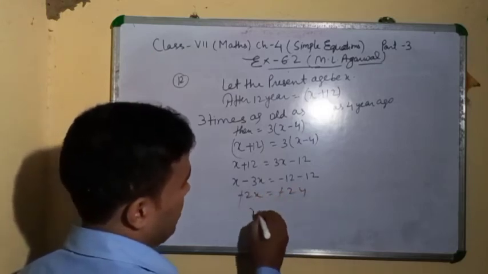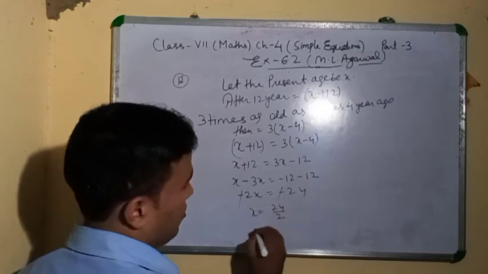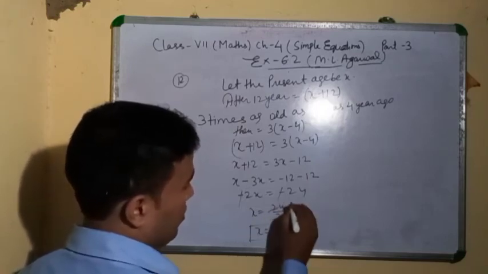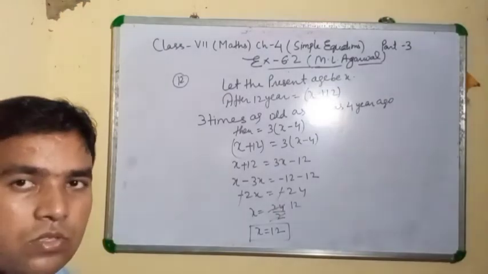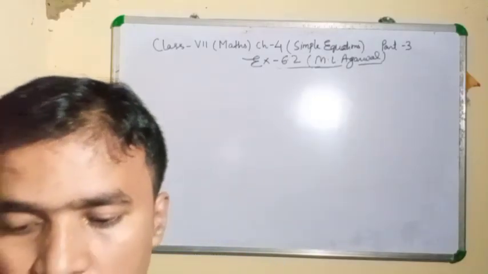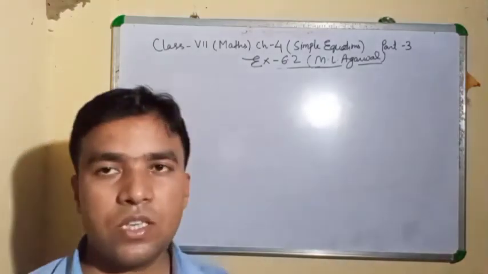Minus minus cancel. x equal to 24 by 2, x equal to 12. Note down. Question number 13, 14 you can do. 15 is the last.